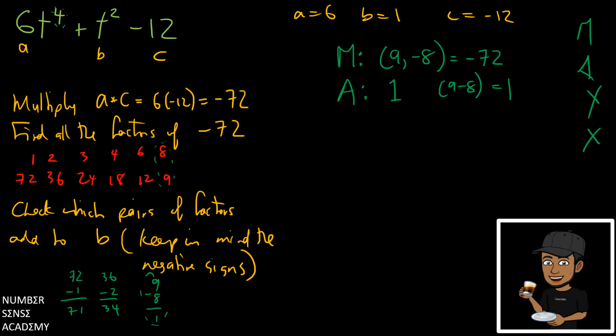So now I've got to figure out what my x values are. And what you do here is pretty straightforward. You're going to take A, whatever the A value is. I'm going to write it down in the corner. You're going to take A, which is 6, right? A is 6. We're going to write it as Ax over the first factor.